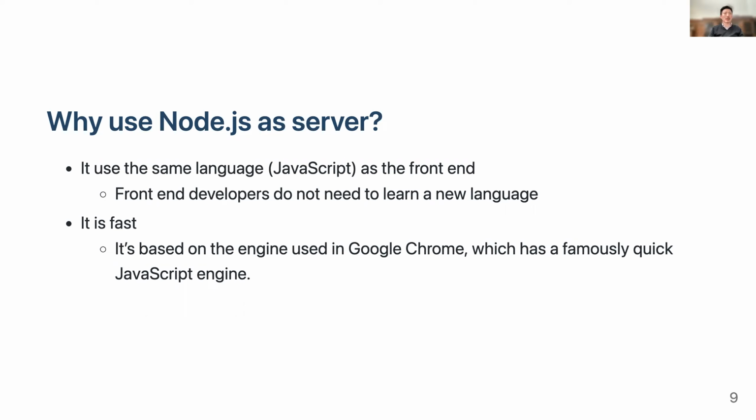The people who created Node just took out that part, made some little changes, and that became Node. The JavaScript engine in Google Chrome is called V8, and it is quite fast compared to other JavaScript engines, which implies Node itself is also quite fast.